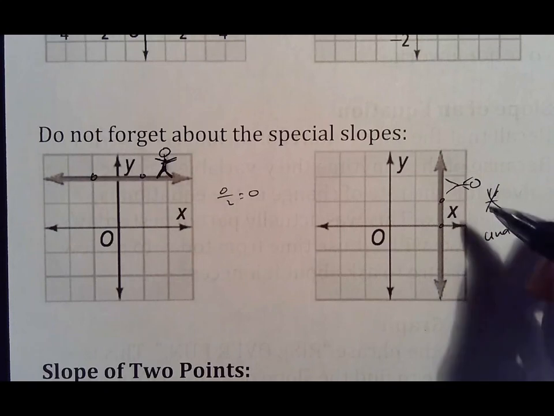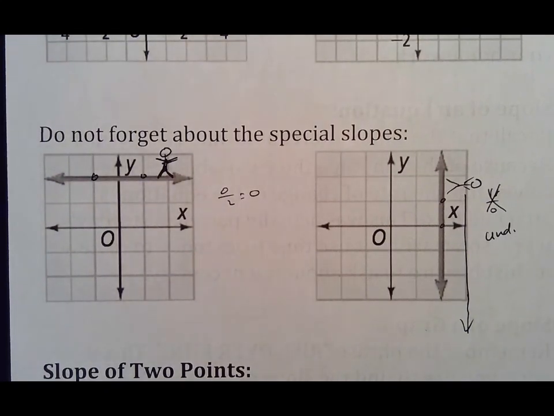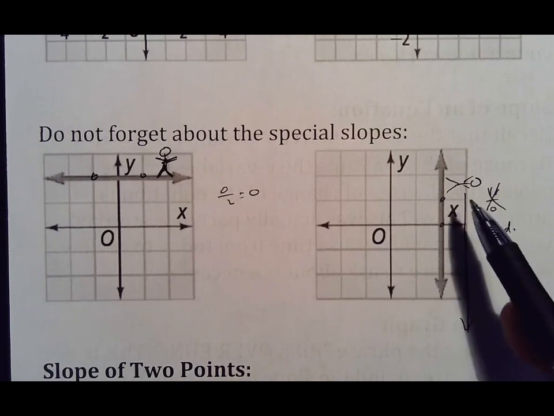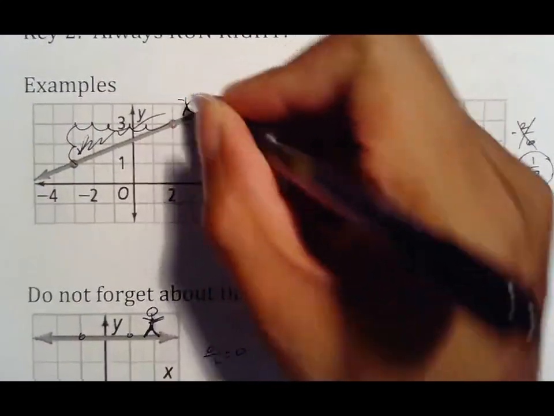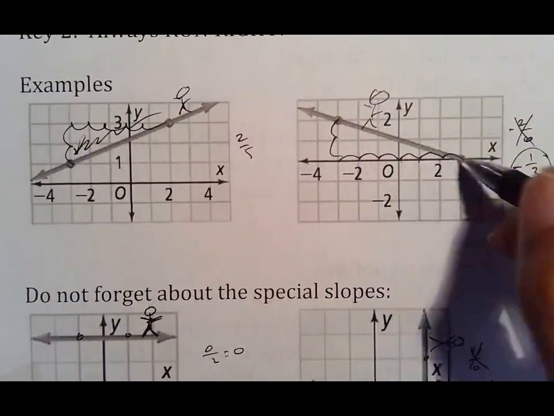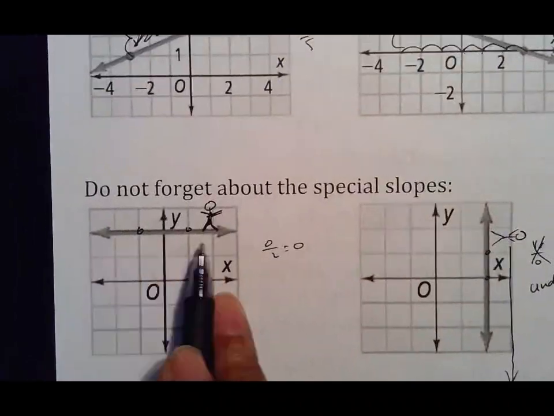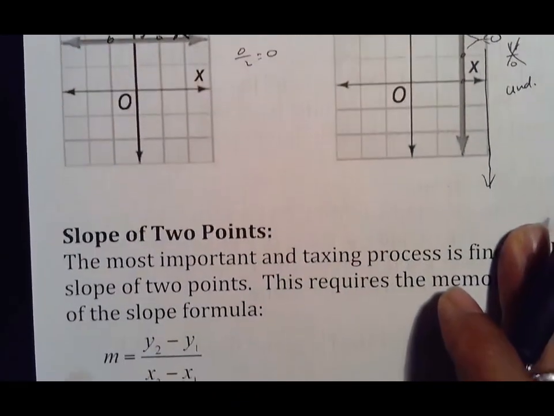Standing on this line is the same as falling down. So, again, if you can't stand on a line, it's undefined. Because I can stand on this one, and I'd be walking up. I could stand on this one, and I'd be walking down. I can stand on this one, and I'd be walking straight forward, so all those have a slope. The one I cannot stand on is undefined.